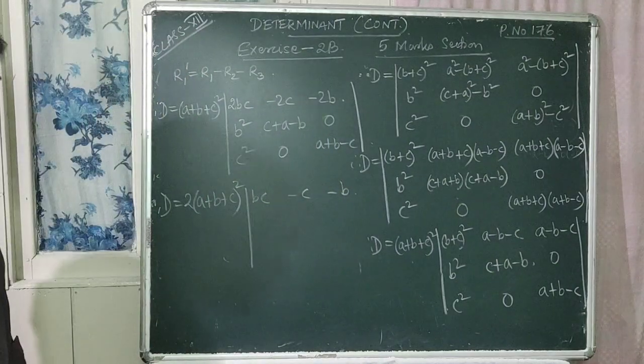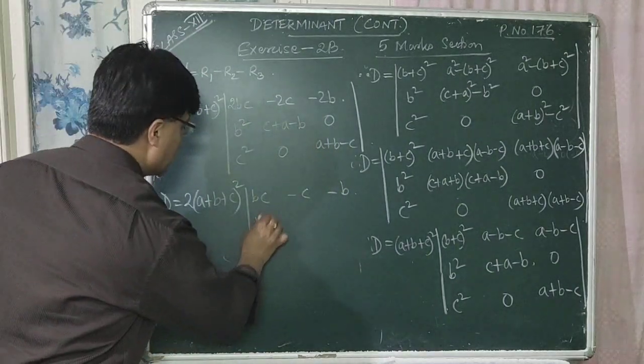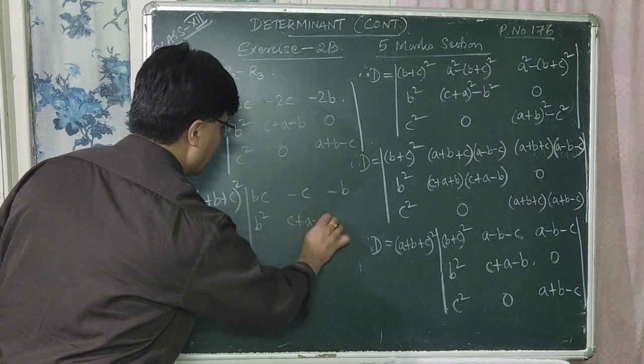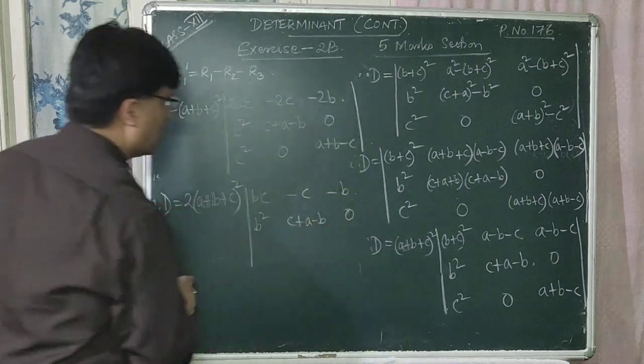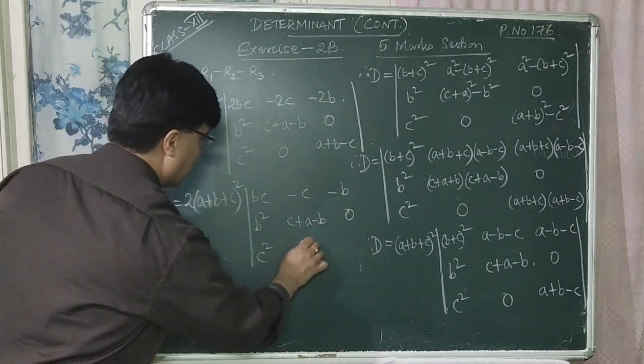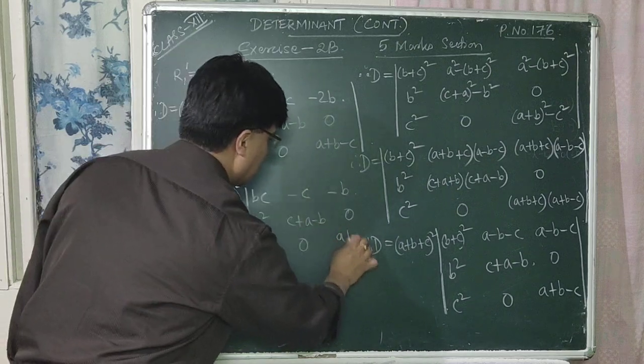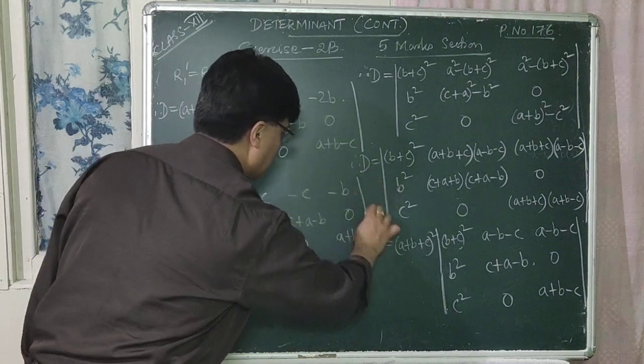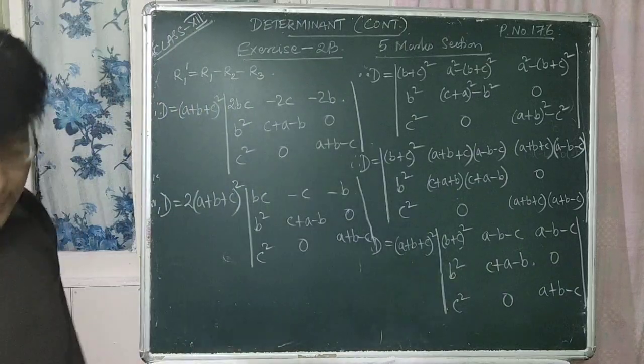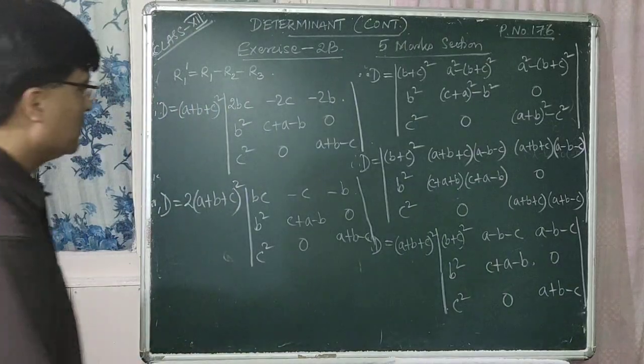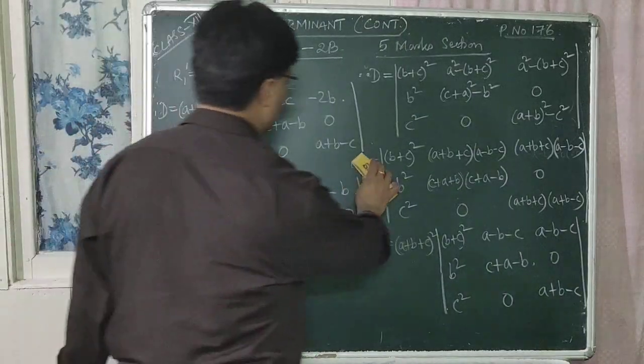Only 2 is taken common here. So it is b square, then c plus a minus b, then 0, then c square, 0, then a plus b minus c, a plus b minus c. Okay? So now again you have to simplify it.